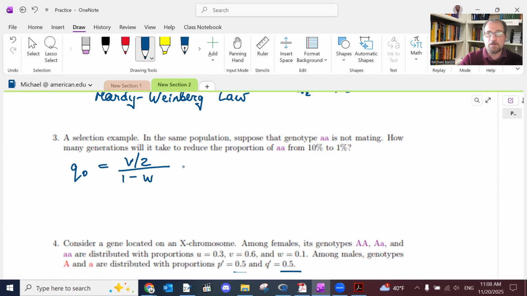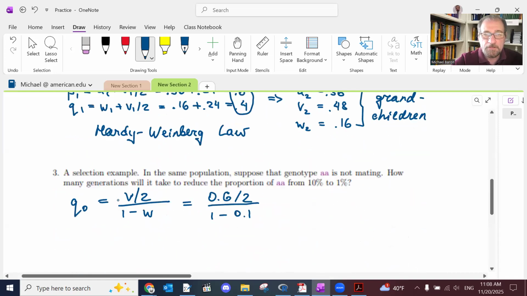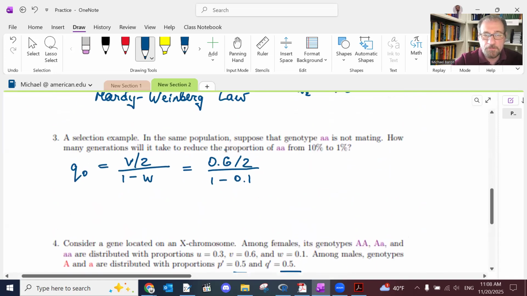Divided by 1 minus W. V was 0.6, the distribution was 0.3, 0.6, 0.1. So half of 0.6 divided by 1 minus the recessive genotype probability 0.1. I'm taking it from this initial distribution, since it says the same population. So Q0 is found: 0.3 divided by 0.9 is 1/3.